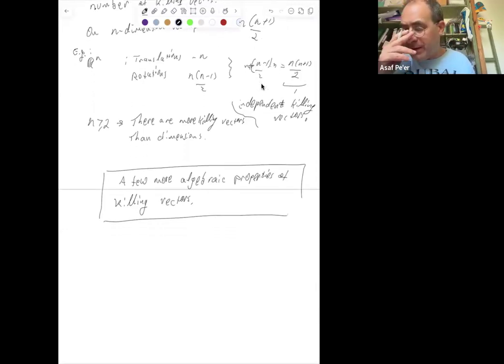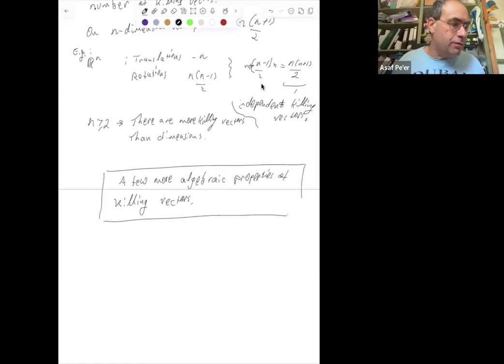We start with the fact that the Killing vector satisfies the Killing condition. So K is going to be a Killing vector: K sigma rho plus K rho sigma is equal to 0.